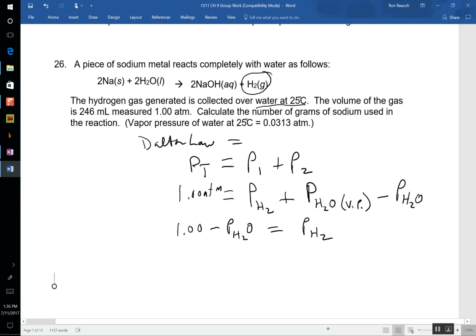So if we subtract out the vapor pressure of the water, we get the pressure of the hydrogen. There you go. That is the pressure you use for the ideal gas law, because we want to calculate moles of hydrogen. We need to know what the pressure of the hydrogen is.